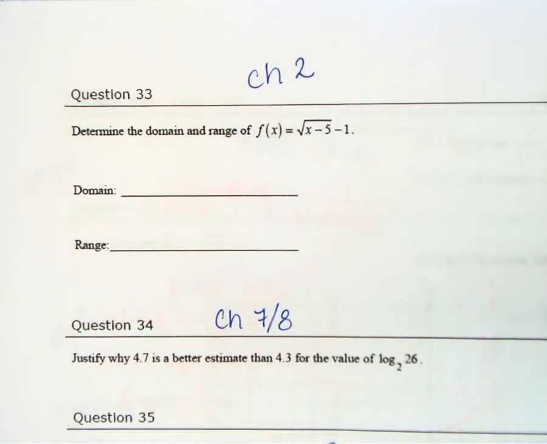Okay, nice easy question, 2 marks. 1 mark for domain, 1 mark for range. And you just graphed a radical graph. Pardon? You want to do it through a log graph? Yeah. You don't have to make the graph.